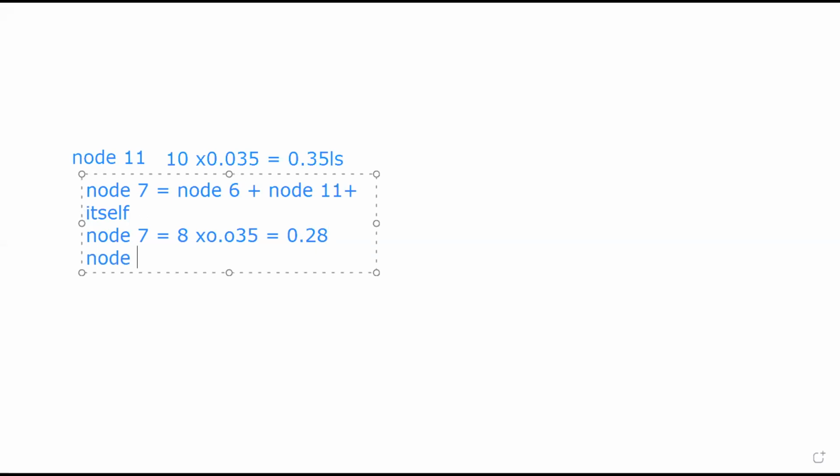Therefore, node 7 will now be equal to node 6.